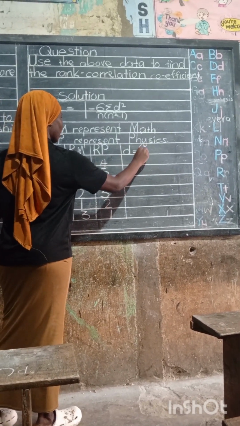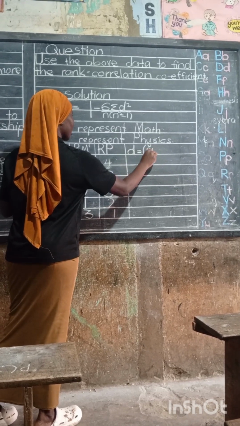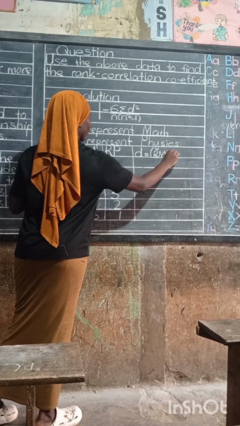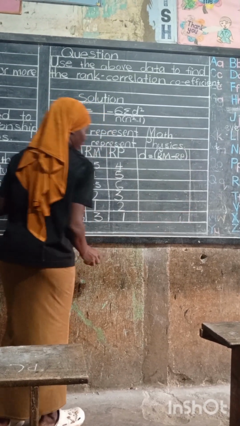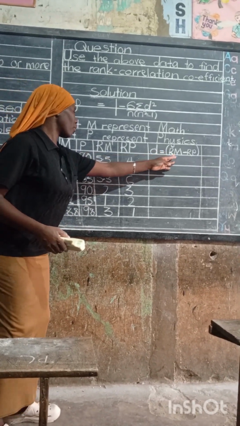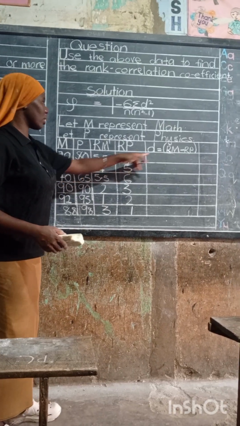It's going to be rank of math. We subtract those ones of physics to get the value of D. So when I get the rank of math, and here for the first one it is 5.5 minus that one of physics.